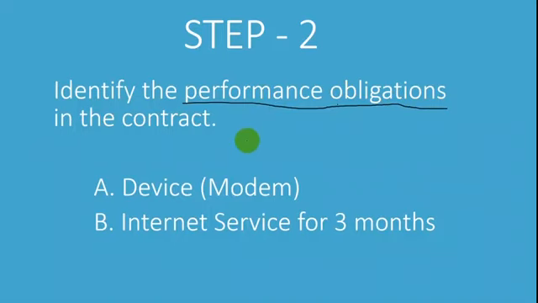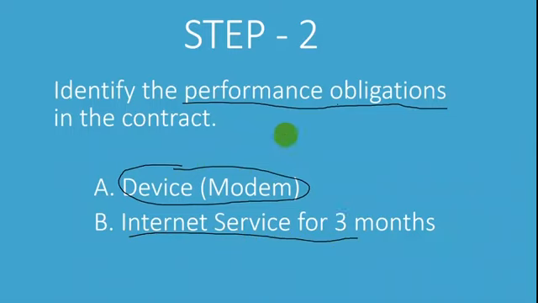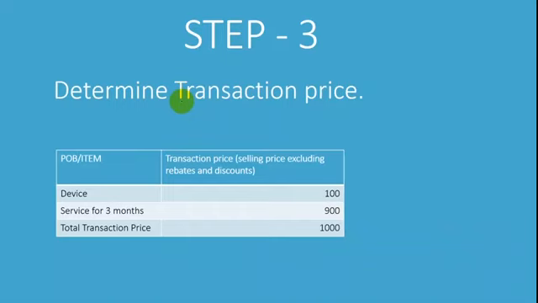So in our contract, we have two performance obligations. One is a device or modem. Next is internet service for 3 months. These are the performance obligations within the contract, which we have to identify.